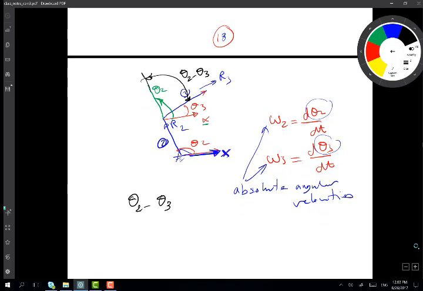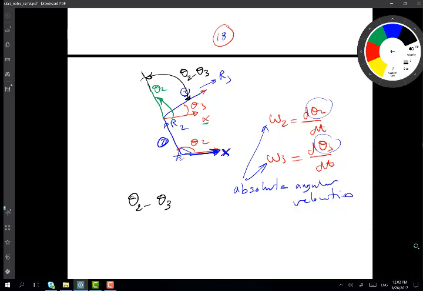Let's say theta 2 was 120 degrees, just as an example, and theta 3 was 30 degrees or something like that.